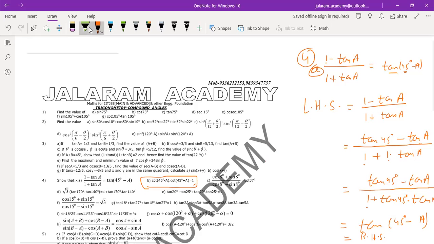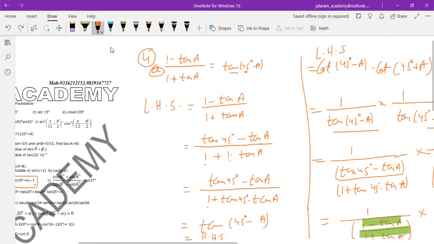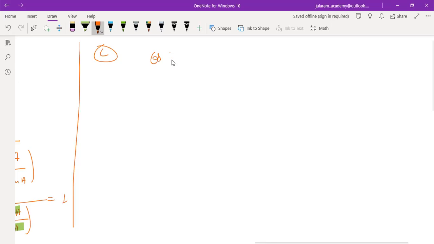So look at this. It is (cos 8 degree plus sin 8 degree) over (cos 8 degree minus sin 8 degree), and we have to prove that it is equal to cot 37 degree. I am writing it if you are not able to look at this properly.